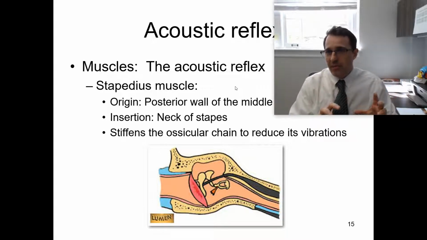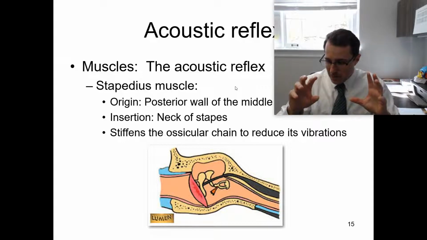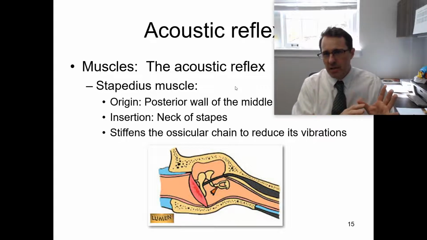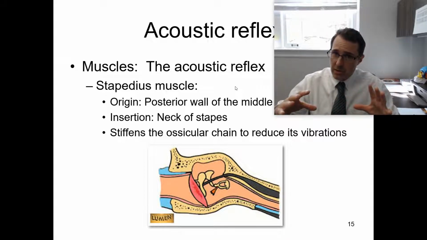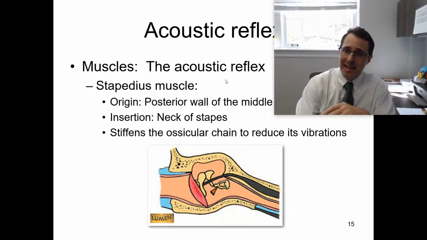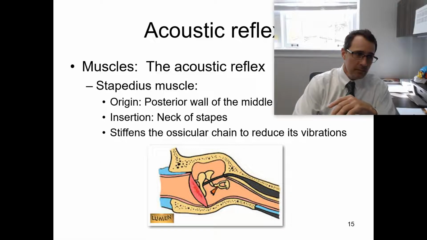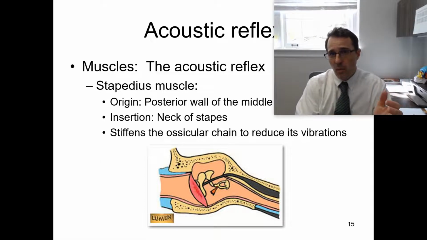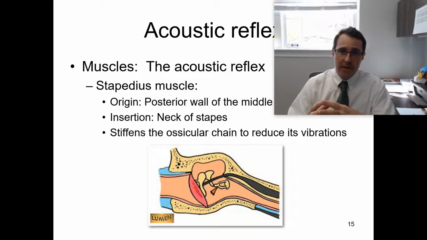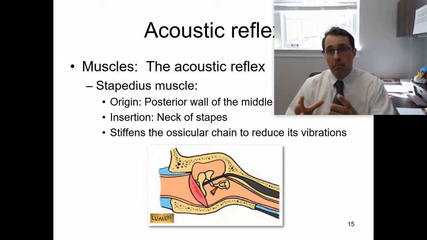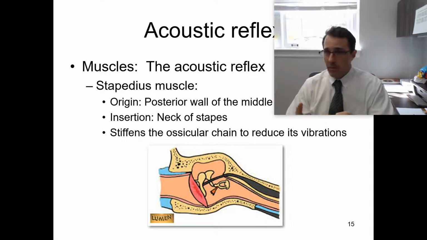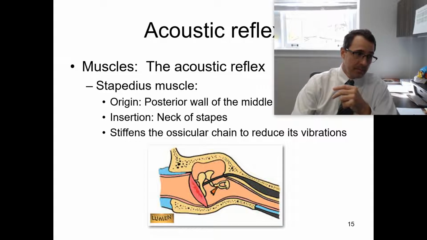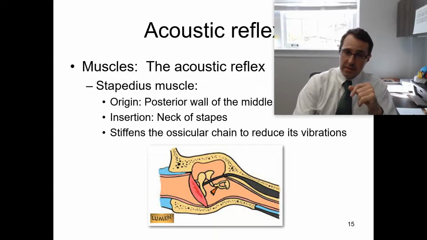So the acoustic reflex is trying to dampen the amount of sound energy that is being delivered to the cochlea, trying to reduce it to a level that's not going to damage your hearing. But here's the thing. We evolved the acoustic reflex in a paleo world, in a world where there weren't things like chainsaws and rock bands and jet planes.